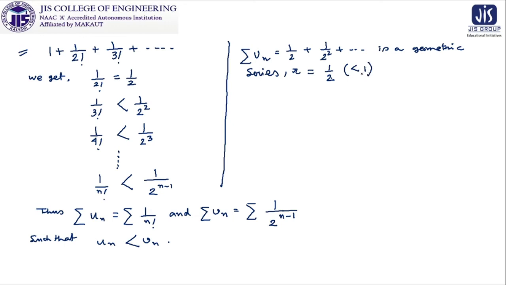Now we know a geometric series is convergent if r is less than 1. And ultimately, as vn is convergent, summation of un will also be convergent with the help of our comparison test.